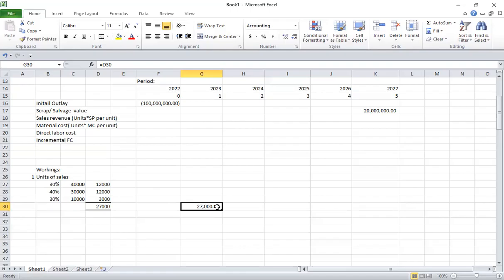What I want you to do is to look at note number 8, the last part of it. What are we told there? We are told that Jane expects an initial increase in demand in year 2024 of 25%.